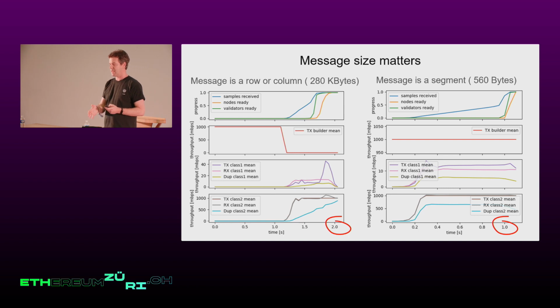And what you see there is that for the green curve to go up, to validate, we need something like 1.6, 1.7 seconds. On the right side, we are using small segments. So small messages. Every segment of those 260,000 is a message. And then we are much faster.